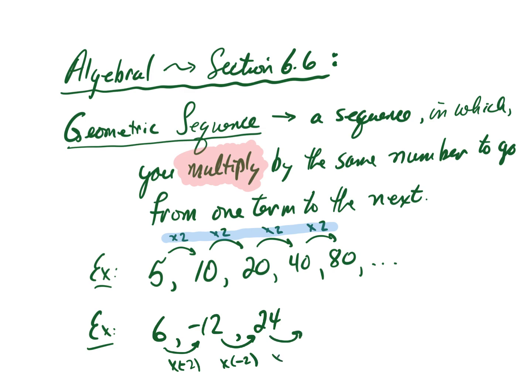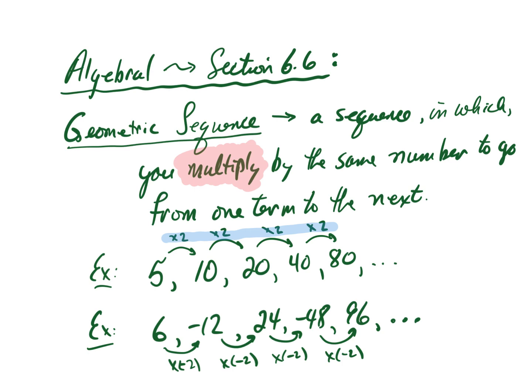Then when we multiply by -2 again, 24 times -2 is -48. Let's multiply by -2 again. -48 times -2 is positive 96. Okay, so those are both examples of geometric sequences, all right?